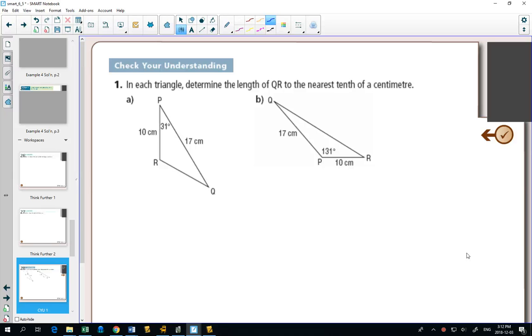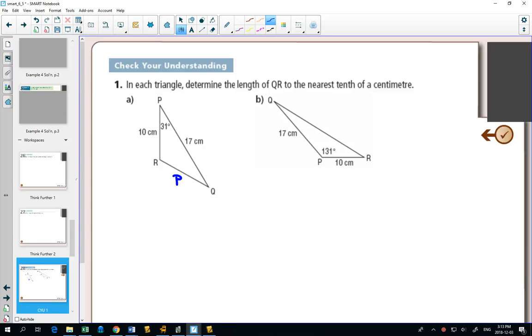We want to solve for QR, which is little p, opposite angle P. If we wanted to use our sine law, we would look and see, do we have an angle and its opposite side? Well, the only angle we have is 31 degrees, and we don't know its opposite side. So we won't be able to use the sine law. So we're going to use the cosine law.